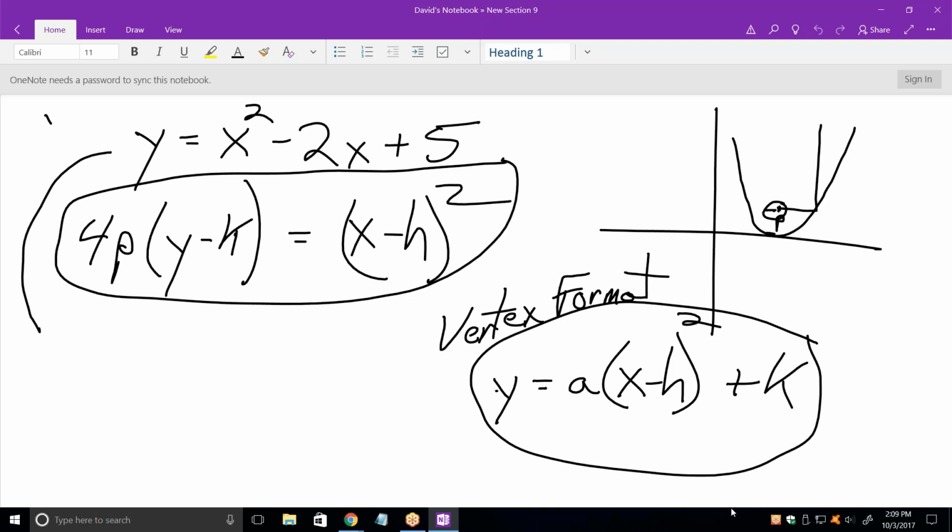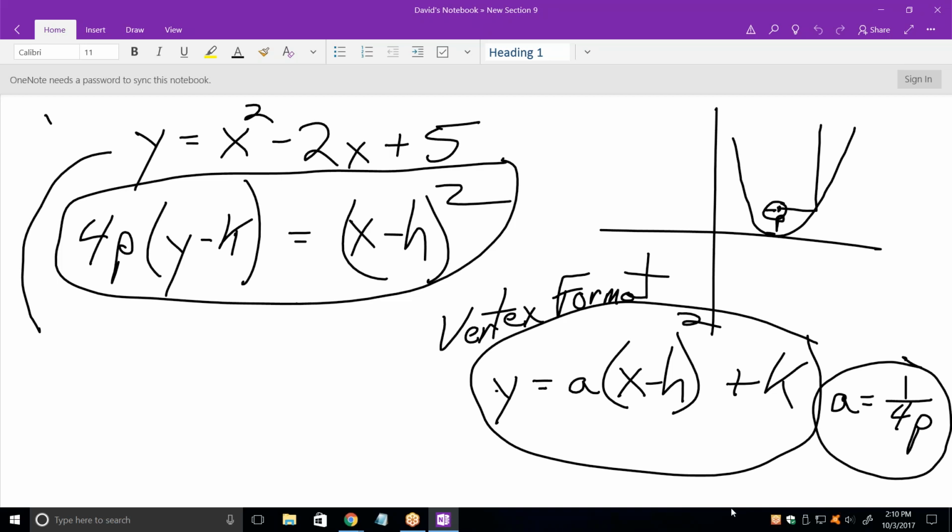Okay. That's fine. We can work entirely in vertex format, but you have to know a is equal to 1 over 4p, where p is that focal length. Some schools never do switch over to this new format here. But if you apply that, you will see these are the same.